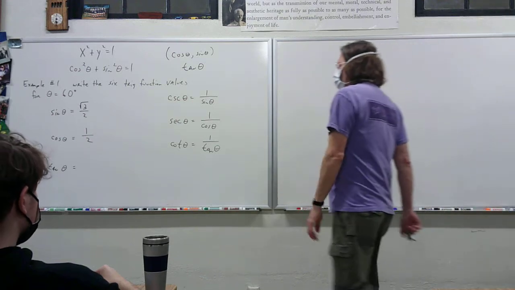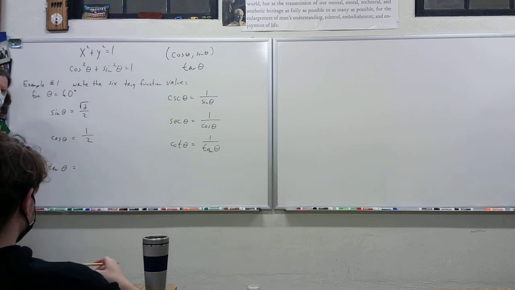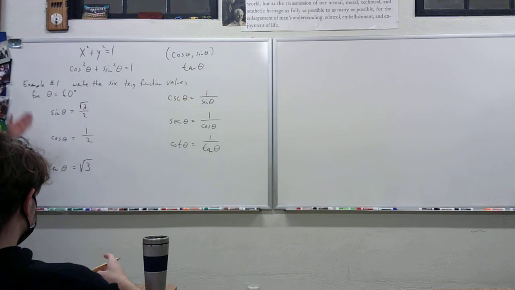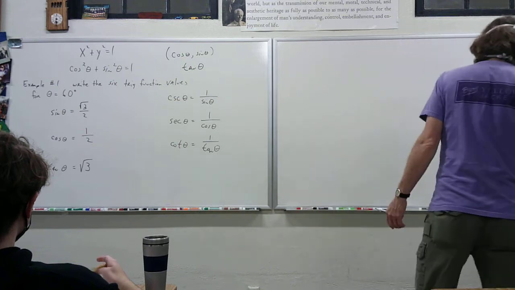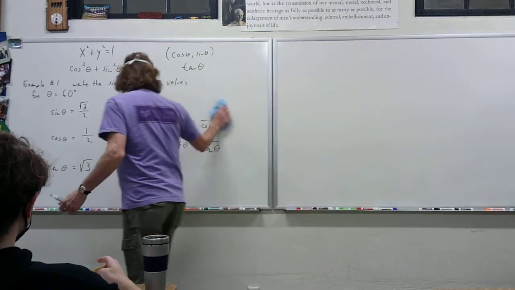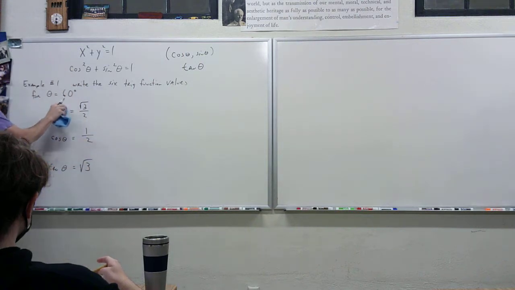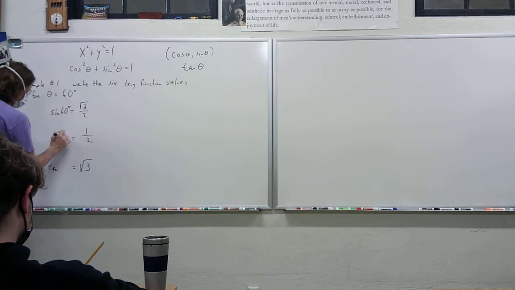All right. Tangent. Somebody look on their sheet and tell me what the tangent of 60 degrees is. Square root of 3. Now, after you list those, life is super easy. Because right beside those, you write, oh, and you're not supposed to put theta here, you're supposed to put 60 degrees, but if you put theta, sorry, because we're talking about 60 degrees.